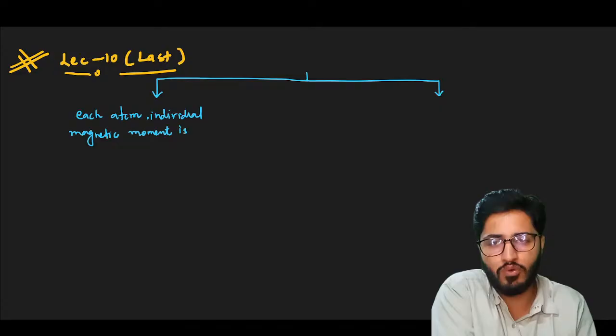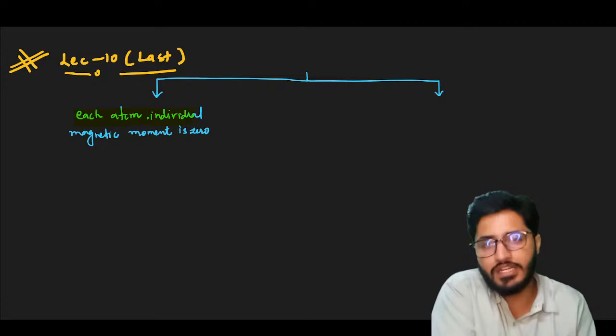Important point: each atom's individual magnetic moment is zero.